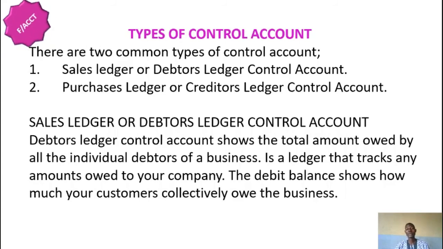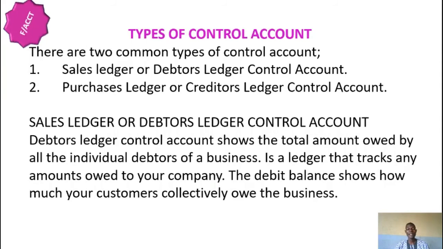I sold on credit to Mr. Timothy. So the individual debtors, I have Igwe, I have John, I have Timothy, and the likes. I will now sum them up together because I sold to them on credit. That's why debtors ledger control account shows the total amount owed by all the individual debtors of a business.